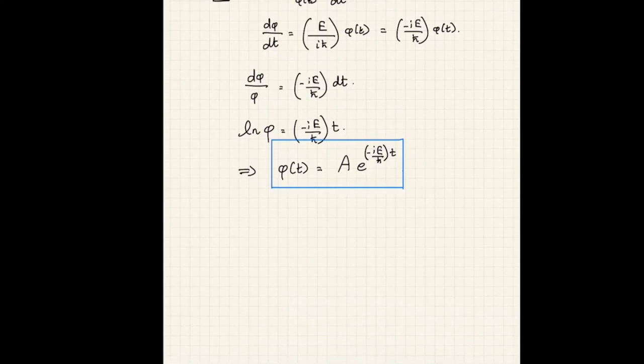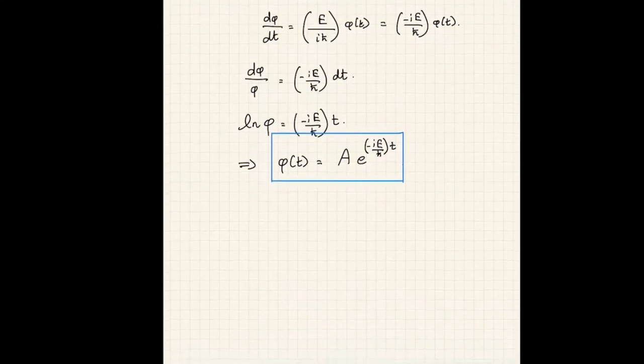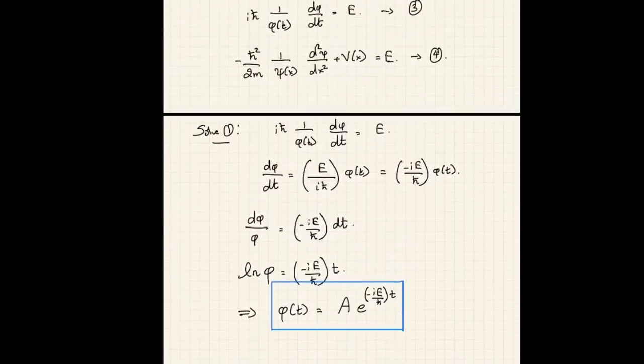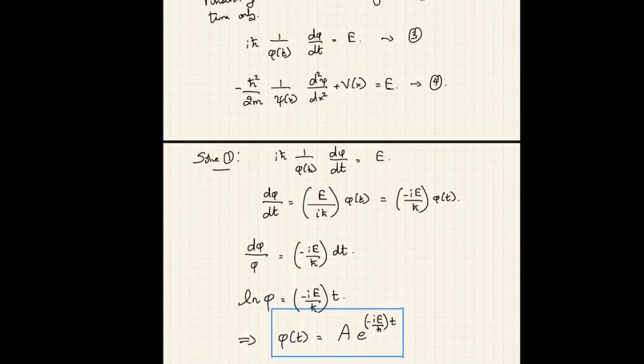All right. So we have solved for the time dependence. What about the other equation? The other equation we cannot solve unless we know the form of the potential energy V(x).